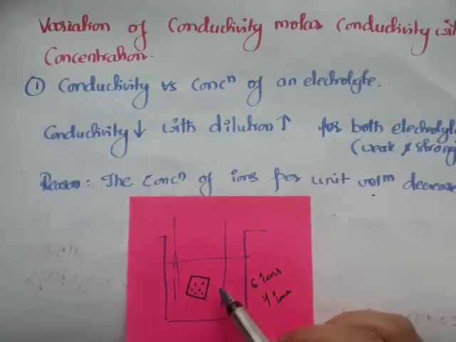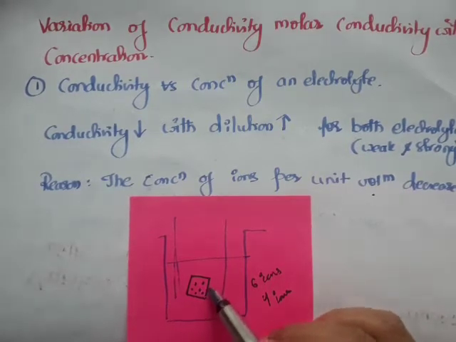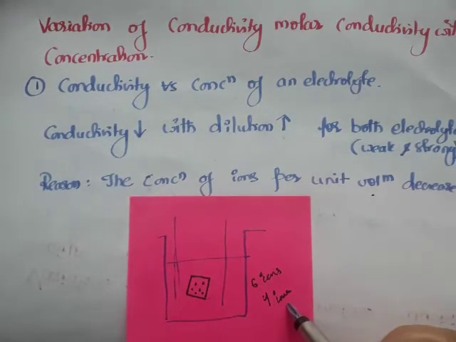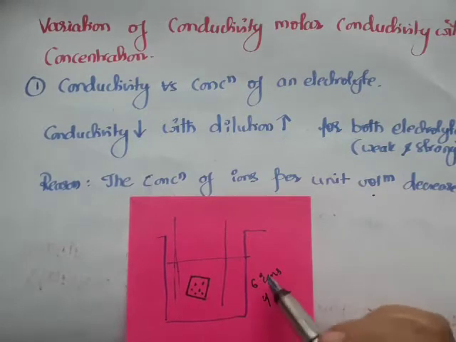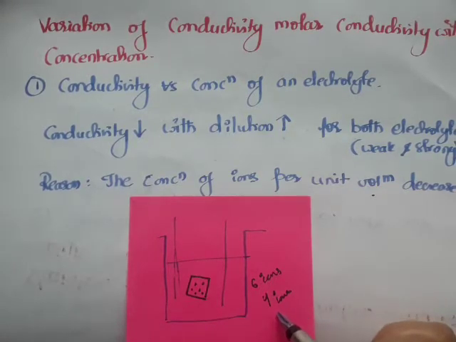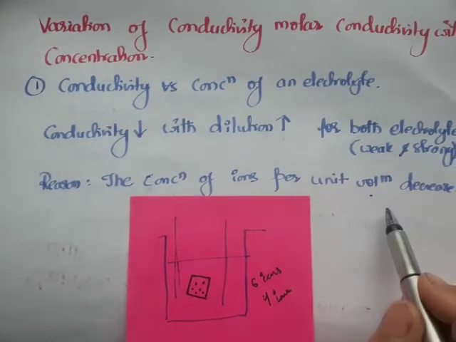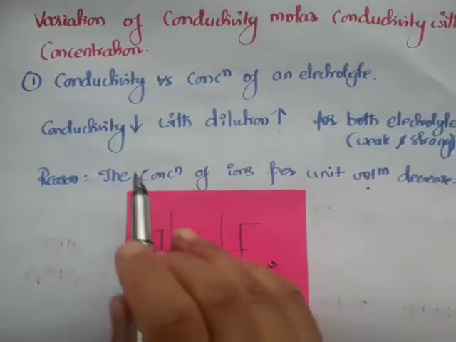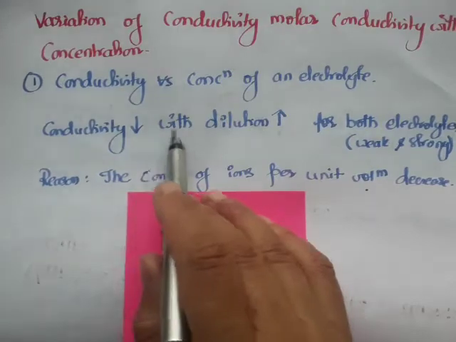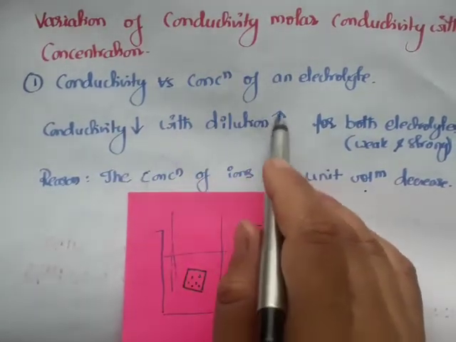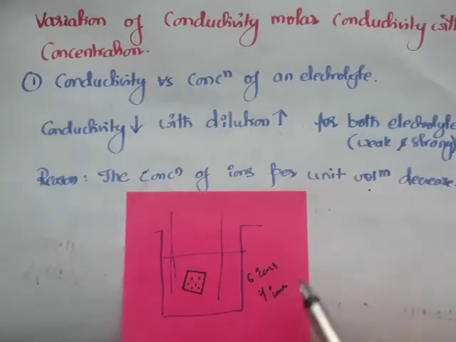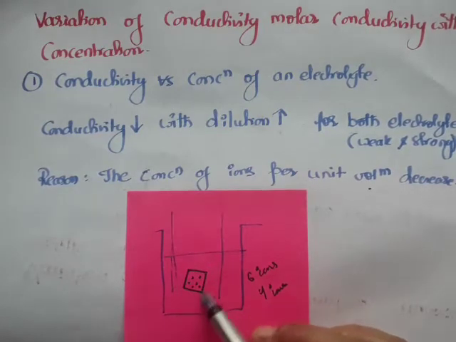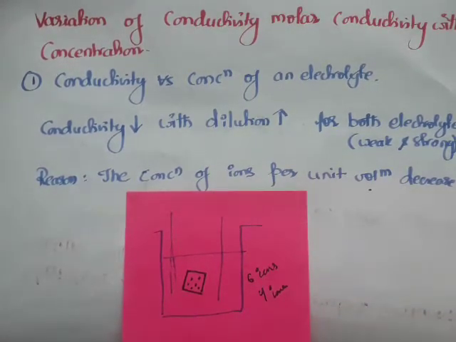After dilution, the number of ions in this volume will decrease to 4 ions. So the number of ions per unit volume is decreasing, and because of that the conductivity also decreases. The reason for the decrease in conductivity with increase in dilution is that the concentration of ions per unit volume decreases.